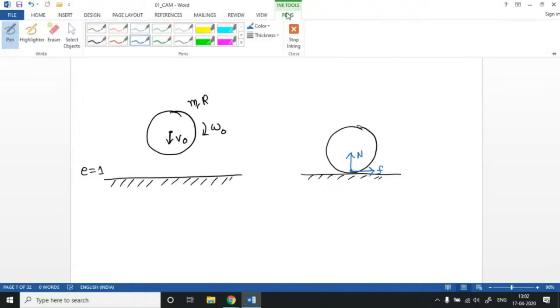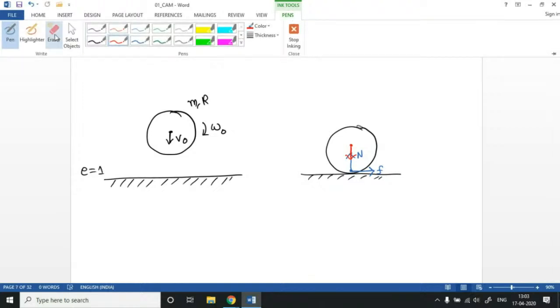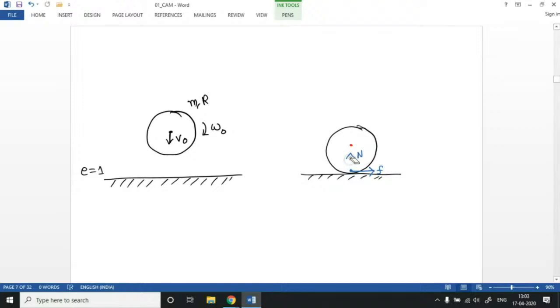And the condition of velocity: let's say the velocity before the collision was v naught. After the collision, in the upward direction, this is normal, and the velocity after the collision would be vy, and this would be vx of the center.